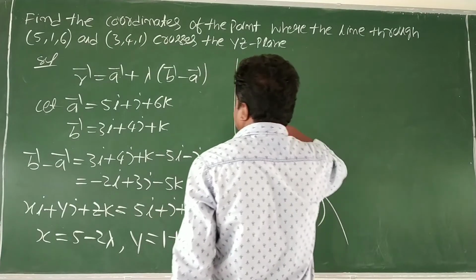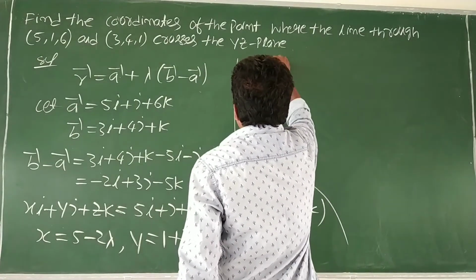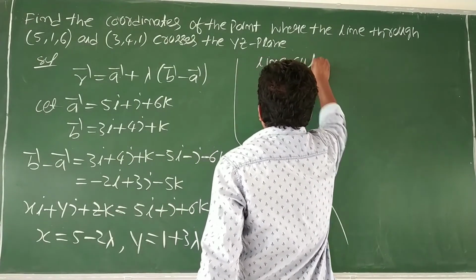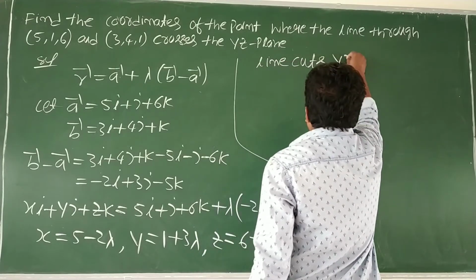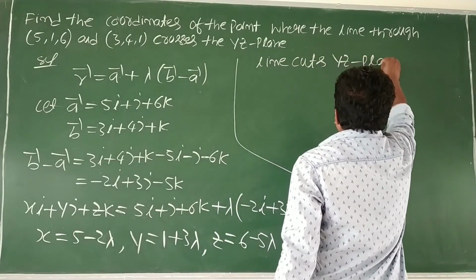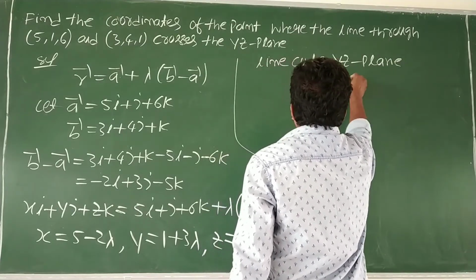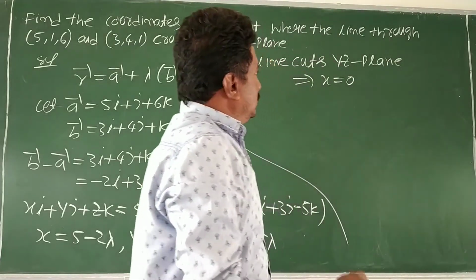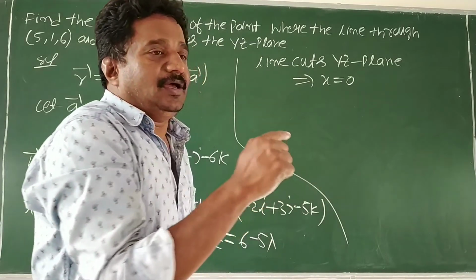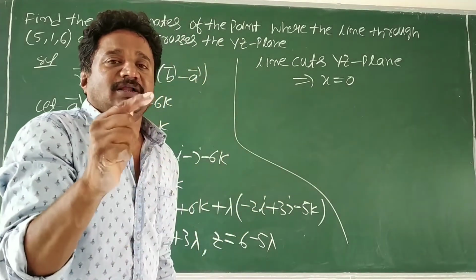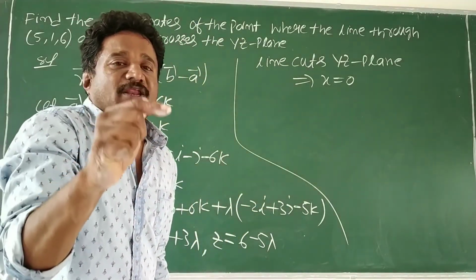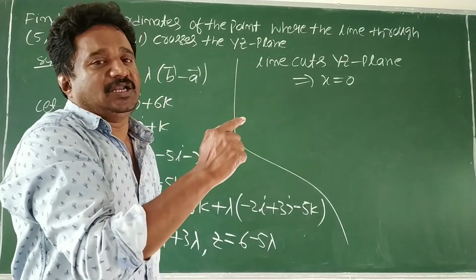So line cuts YZ plane. So that implies x is equal to 0. So on YZ plane, for every point x coordinate is 0.